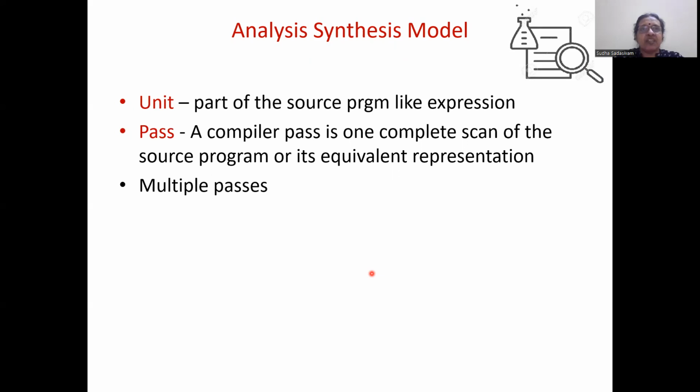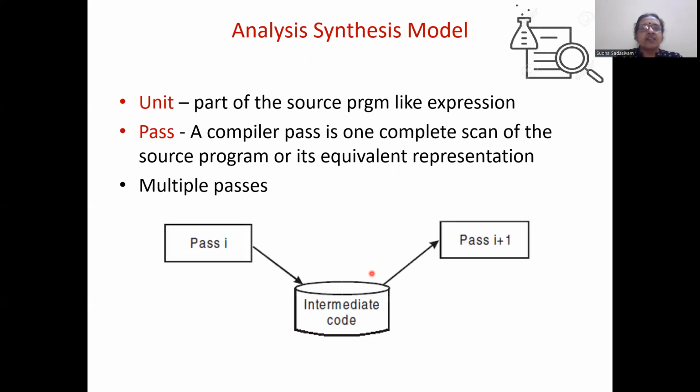Usually, compiler design comprises multiple passes. The output of one pass generates the intermediate code that is given as an input to the next pass. This intermediate code is stored in the disk, and the second pass reads the intermediate code from the disk to perform a particular action.